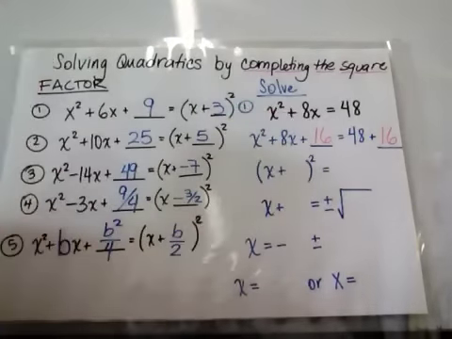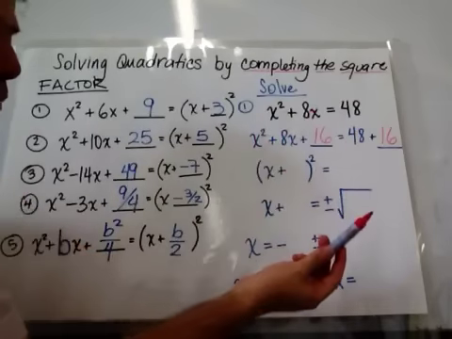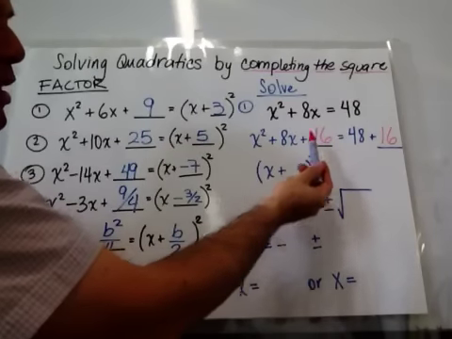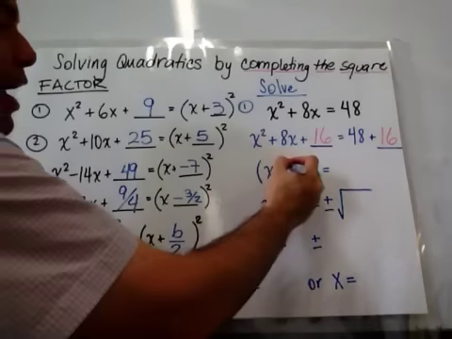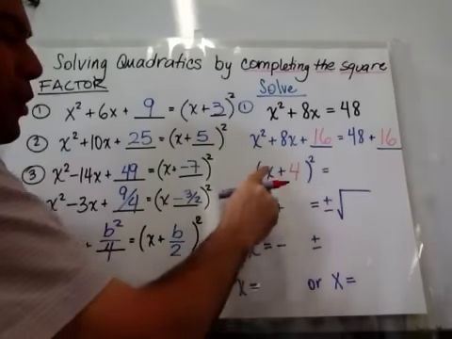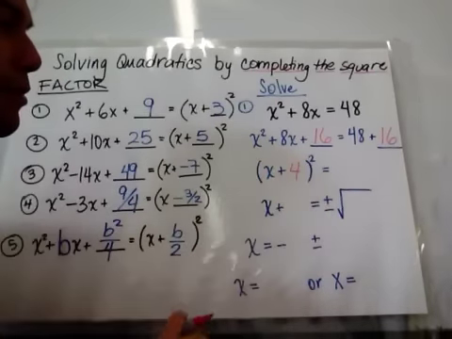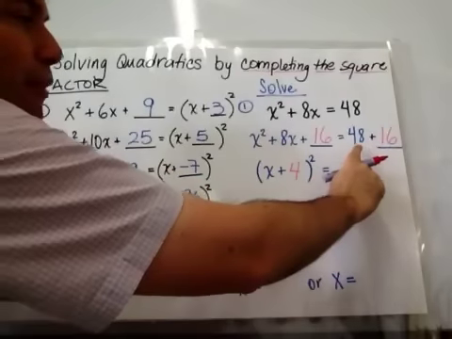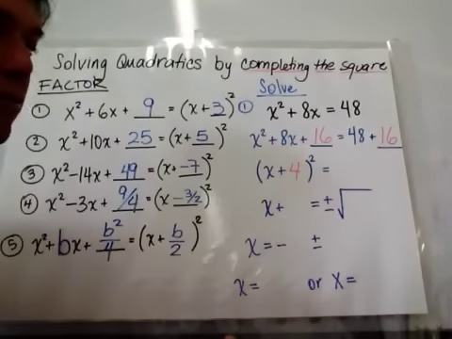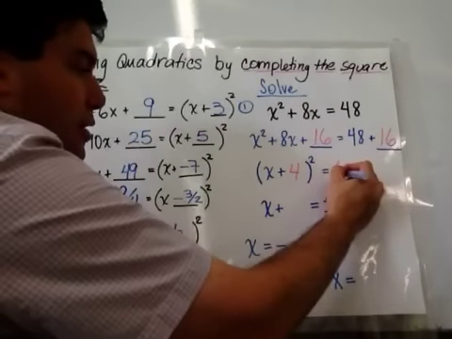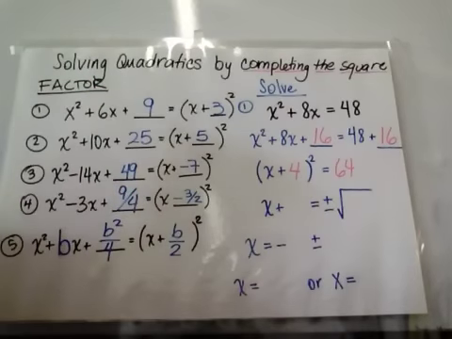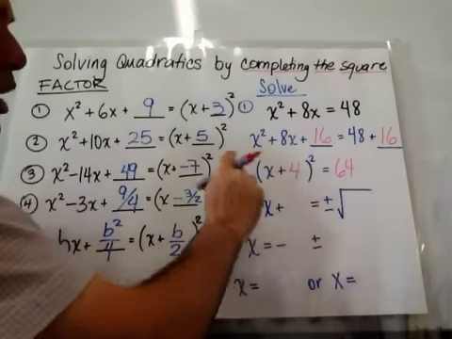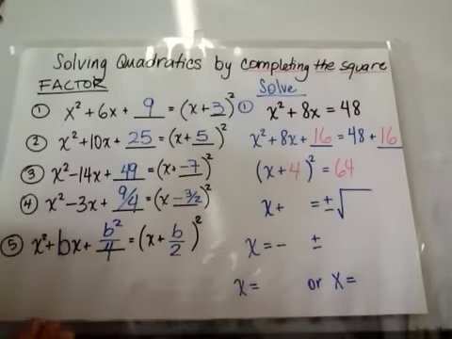Because we completed the square, we're going to factor. The two numbers whose product is 16 and sum is 8 are 4 and 4. So we have x plus 4 times x plus 4, which is x plus 4 squared. And on this side, we have 48 plus 16, and that's 64. Okay, we have an equation that only has one appearance of x.